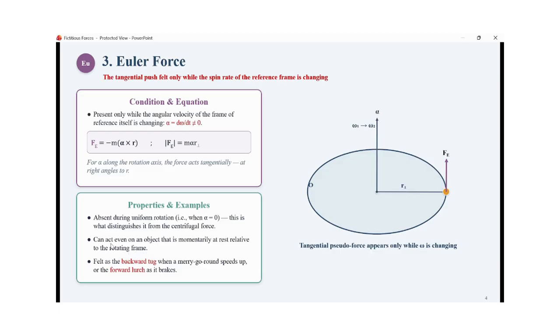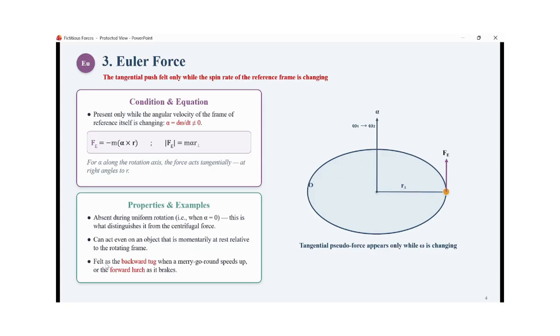Now this Euler force can act even on an object which is momentarily at rest relative to the rotating frame. So there is no condition of relative motion between the object and the frame. The object may be at rest, even then this Euler force may be present.